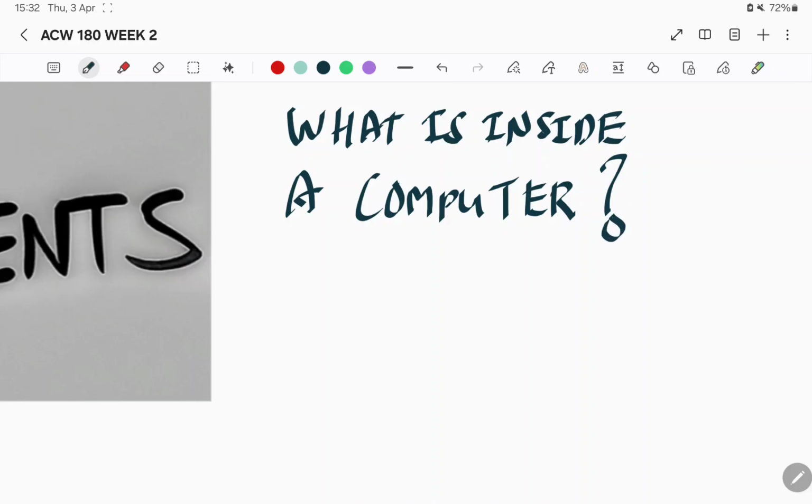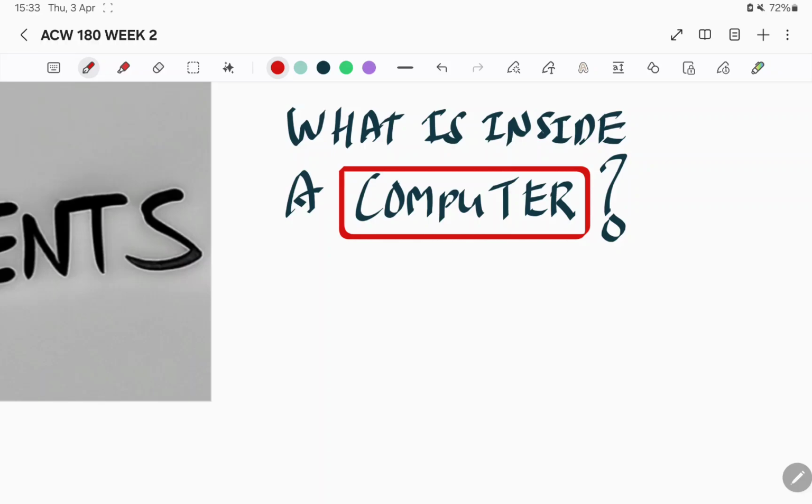Most of you already know this very well. In fact, maybe you have already started building your own computer, and if you did, you're good as it is.